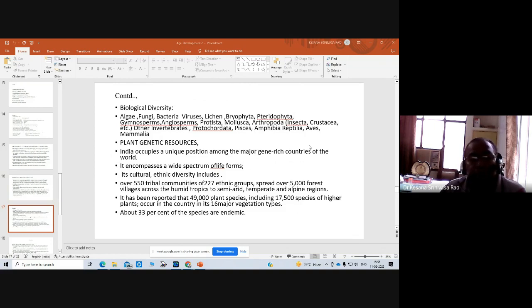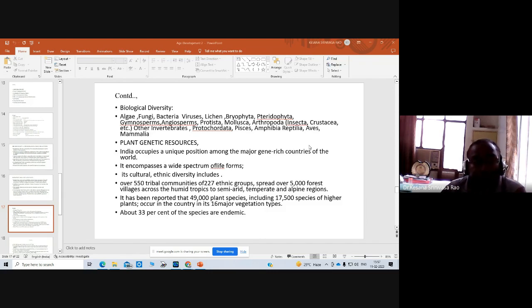It has been reported that 49,000 plant species, including 17,500 species of higher plants, occur in the country in its 16 major vegetation types. Because the vegetation type will grow different types of plant species. Okay, that is what we have to understand.